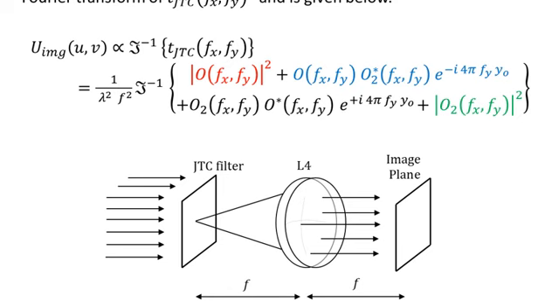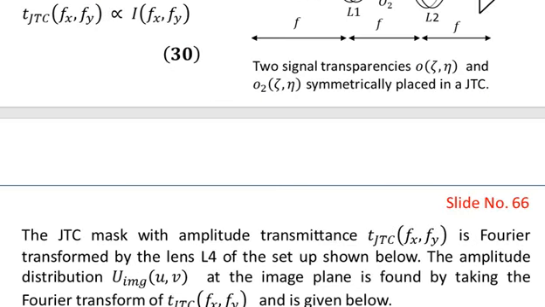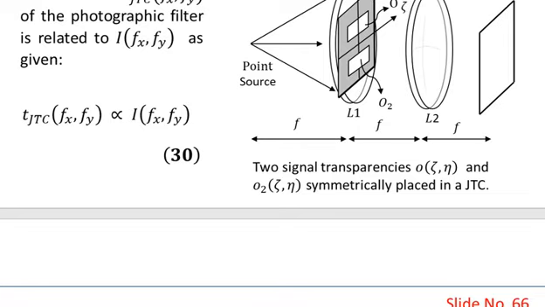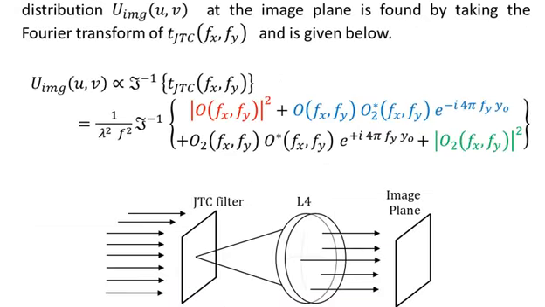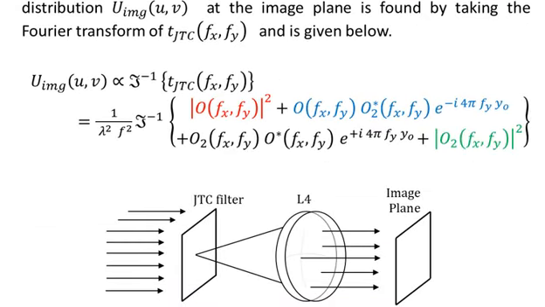So we have the amplitude image U_IMG as a function of u and v proportional to the inverse Fourier transform of this T_JTC as a function of fx and fy. And the amplitude transmittance of the filter is proportional to I, the intensity. So we need to take the inverse Fourier transform of that quantity.